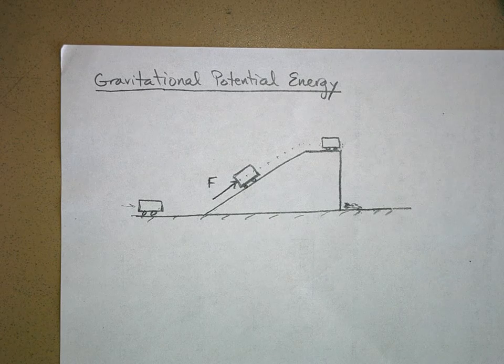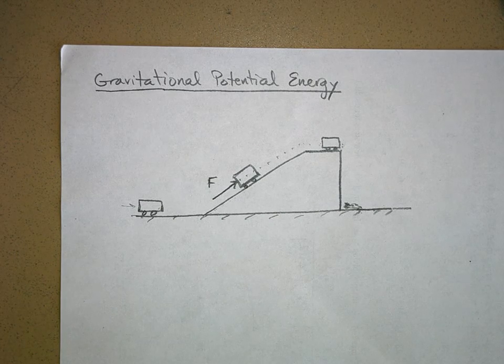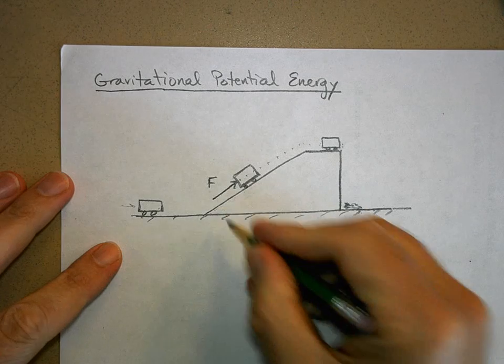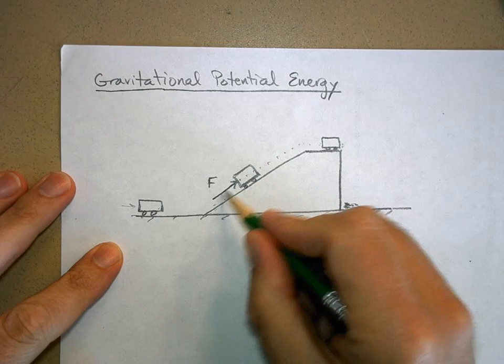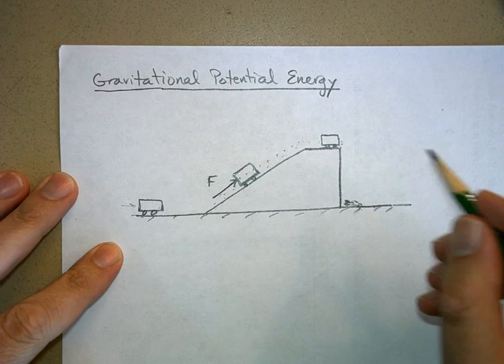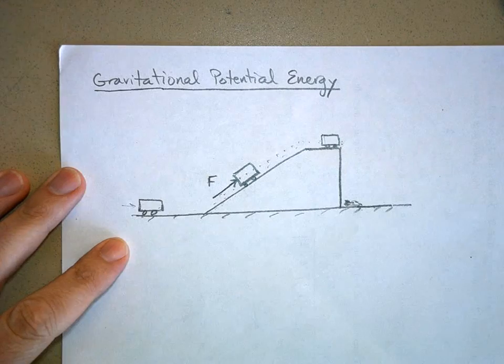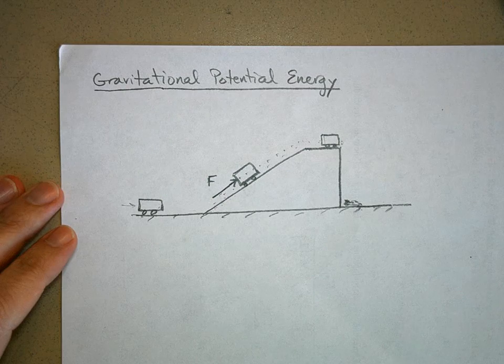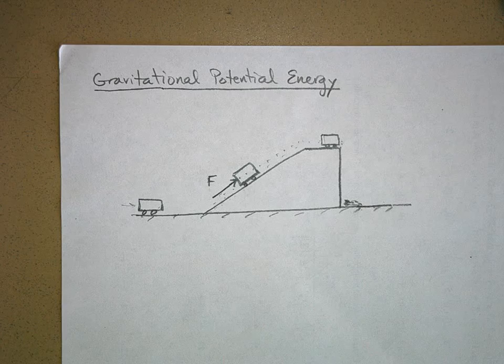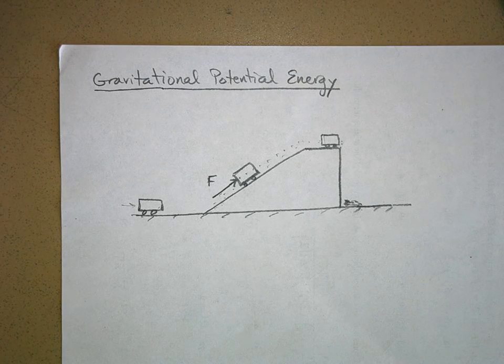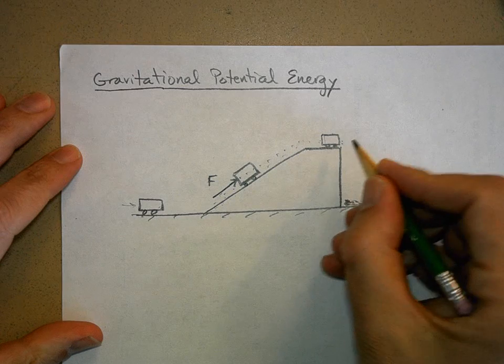Somebody has to transfer energy from their bodies, chemical potential energy stored in their muscles, and, huff and puff, and push it all the way up to the top of this ramp and have it resting up there. So what we're going to do is look at a free body diagram of this ramp. So you give it a little push.